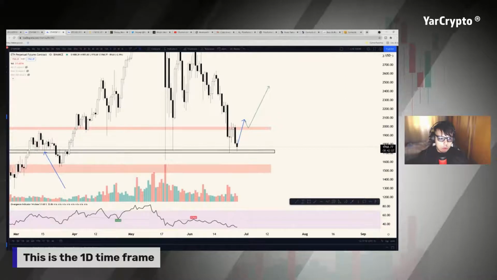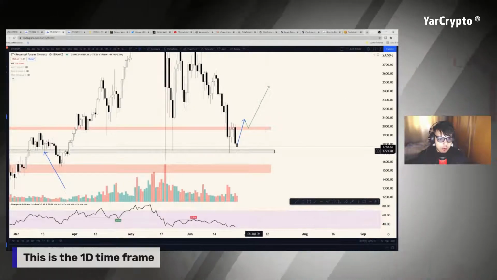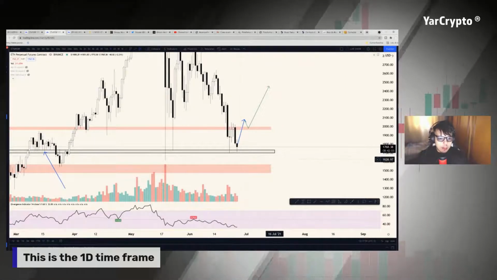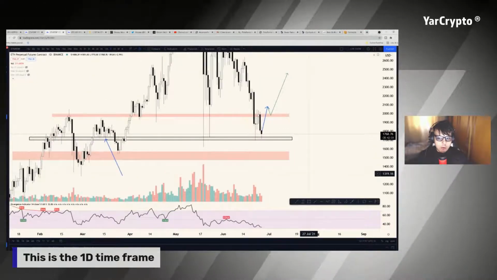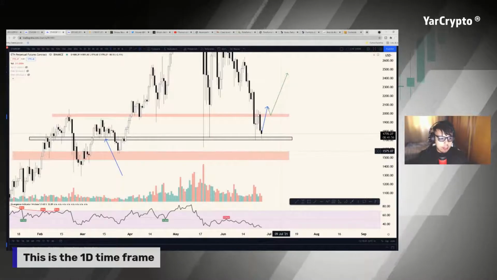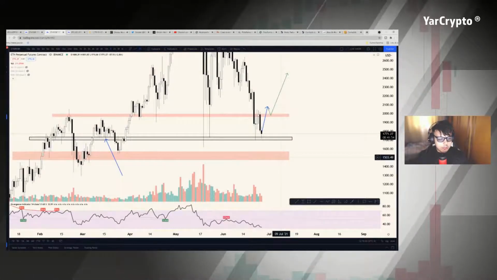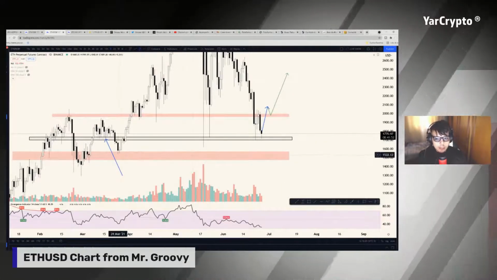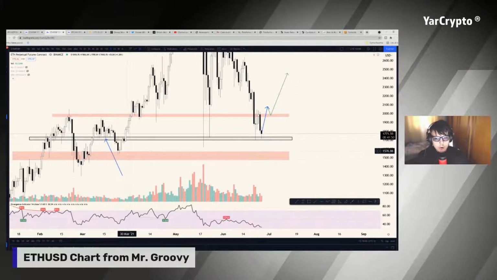If we actually lose the 1700 support that we have here and we close below it, then I believe we are coming down to the 1500s or even the low 1500s, because that's the next daily support for Ethereum.